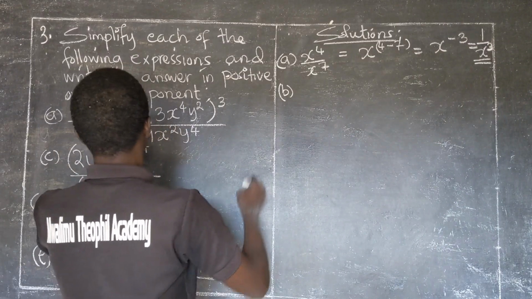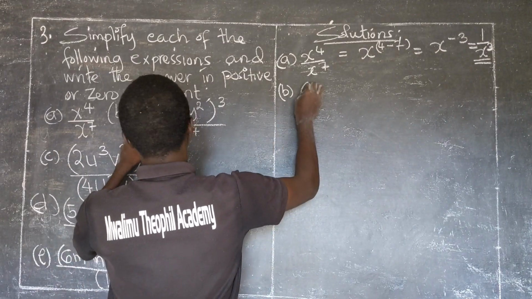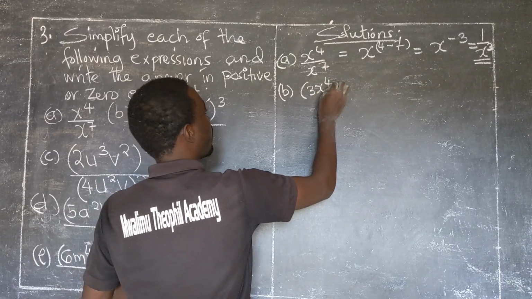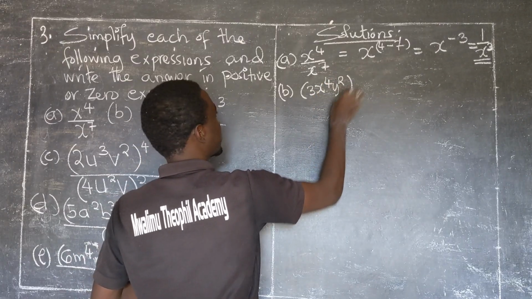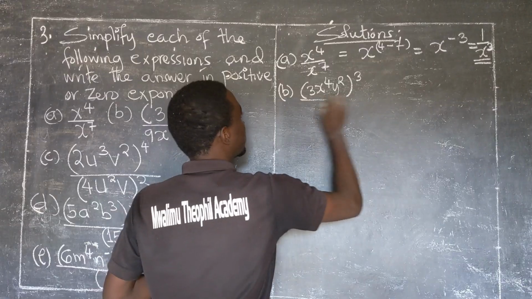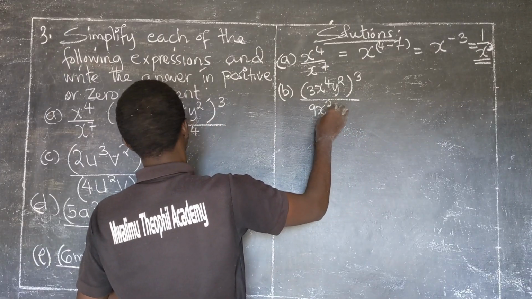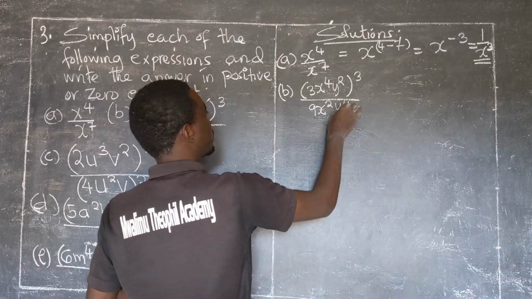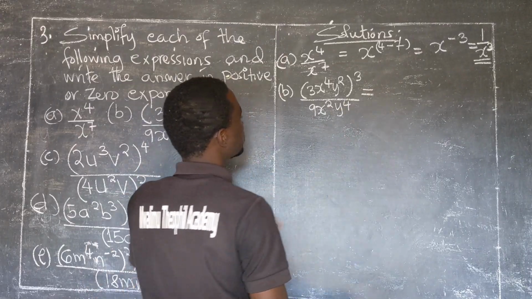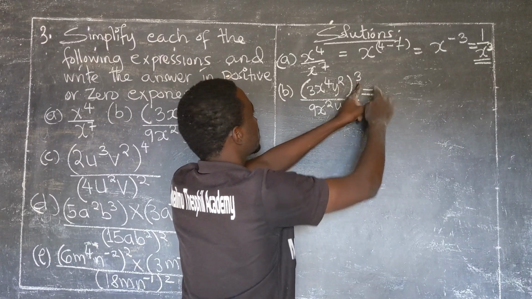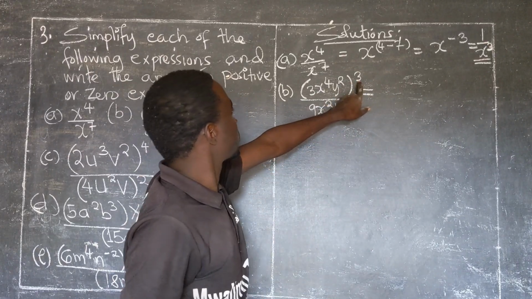In B, we are given 3x raised to 4, y raised to 2, bracket raised to 3, over 9x squared, y raised to 4. This will be equal to, this is expressed under the same exponent, which is 3.